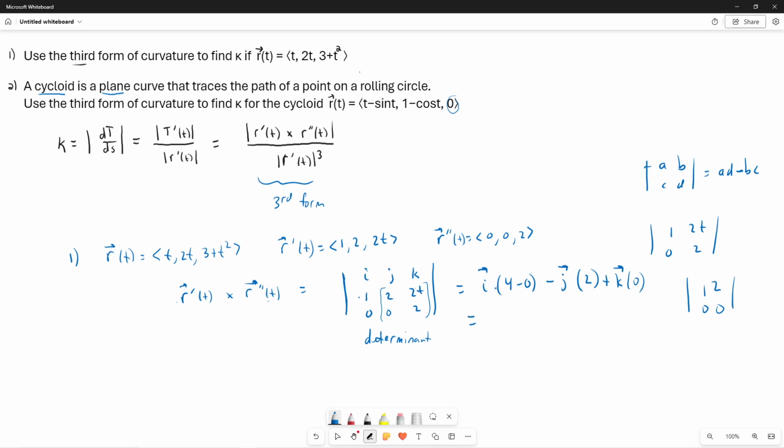So this determinant is 4i minus 2j, which is the same as the vector ⟨4, −2, 0⟩. 0k. i, j, k. So there's our cross product. The magnitude of our cross product is the square root of the sum of the squares. And that's the numerator of our curvature.